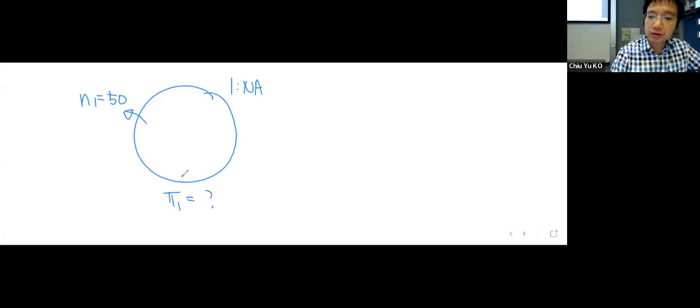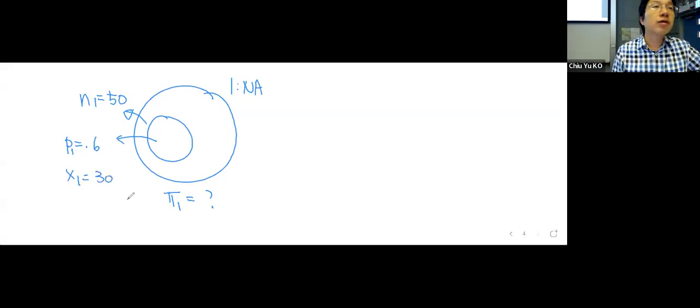That's something I want to know. But out of the people, I have 60 of them, which means 30 of them are, say, female, a proportion of female. So that means 30 are female and 20 are male, right?